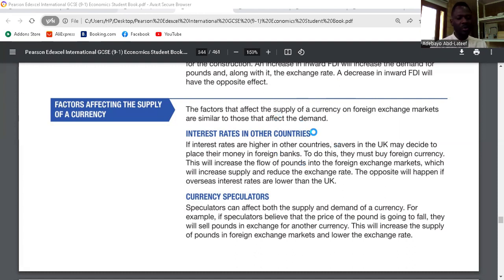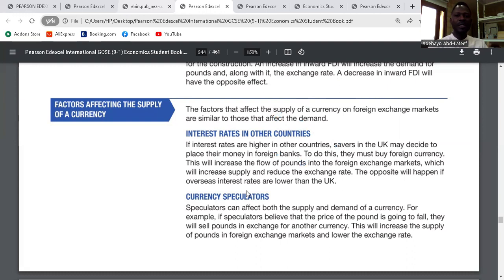You have to put in mind that the value of a foreign exchange is determined by the supply and the demand of that currency. So we understand the demand now. The demand is about the interest rate, speculators, demand for exports. Now let's go to factors that affect the supply of the currency.